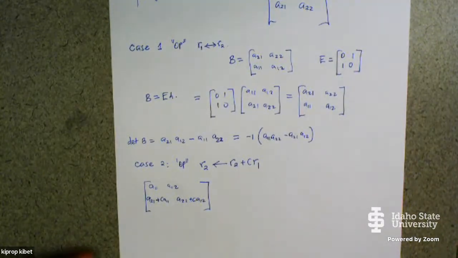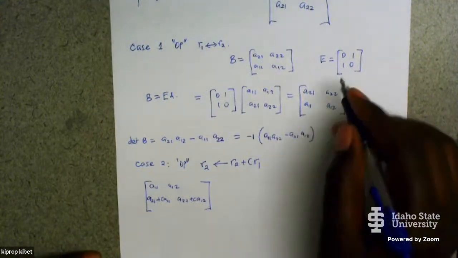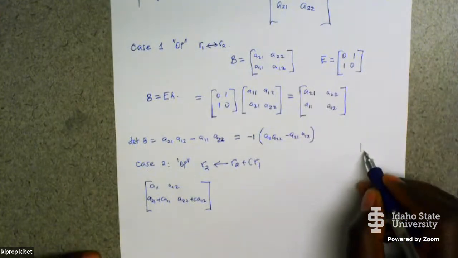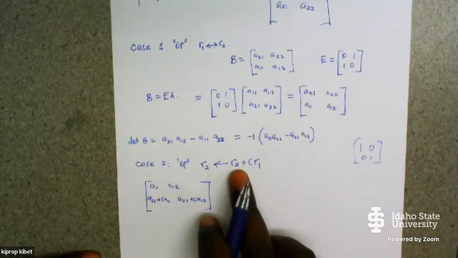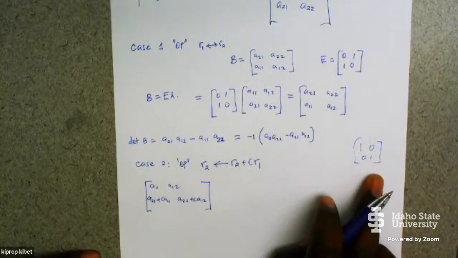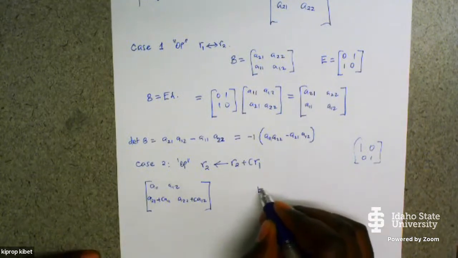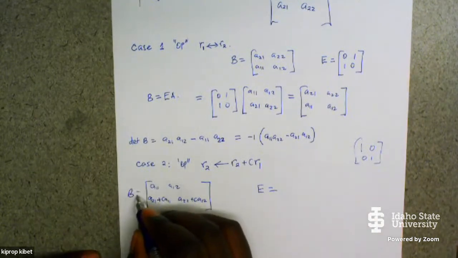Now, if we do the row operation on the identity matrix, which is 1, 0, 0, and 1, so our E here, so this is our B equals to that.